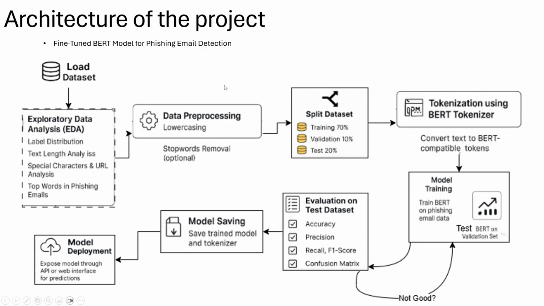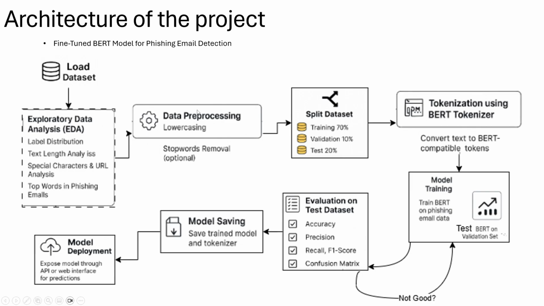In this project, I'm going to load the data set, and after that I'm going to explore the data set: how it looks, what statistics there are, repetition of words, top words in the phishing emails, what kind of words they use, URLs, links, and all those things. The next step is data processing.